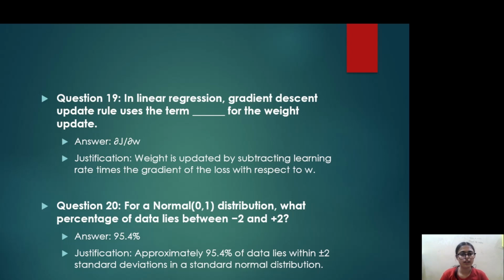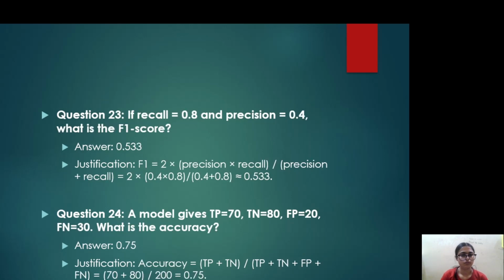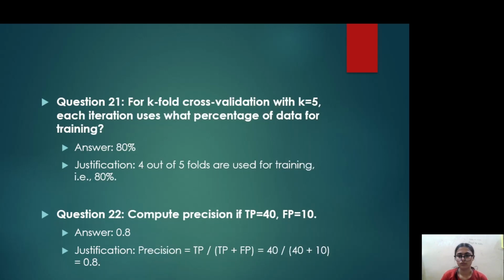So the next question is, for k-fold cross validation with k equal to 5, each iteration uses what percentage of data for training? This means that data is divided into 5 equal parts called folds.